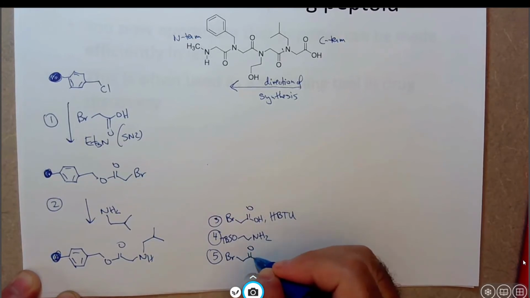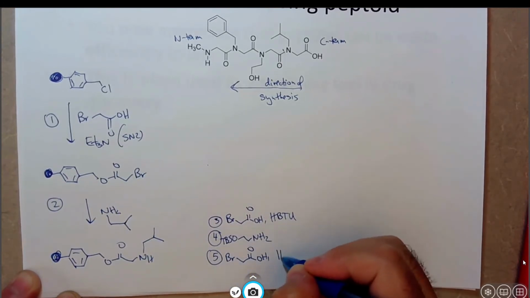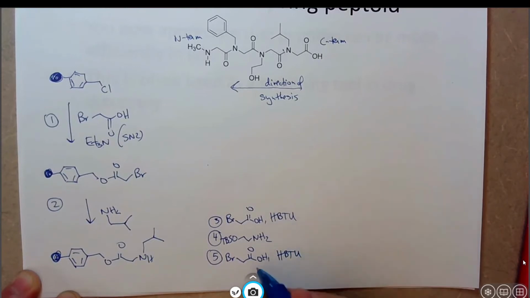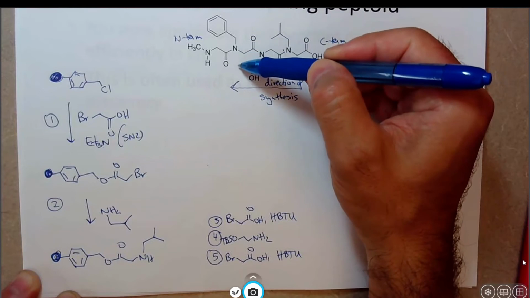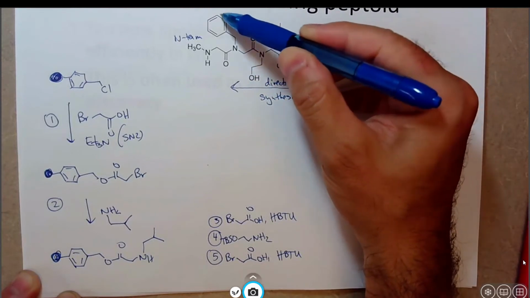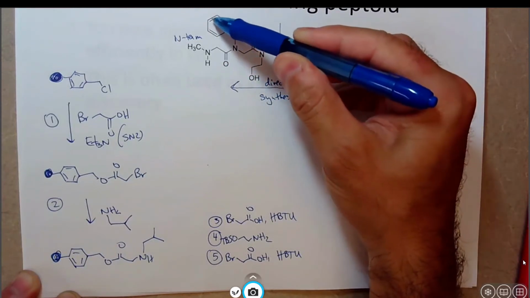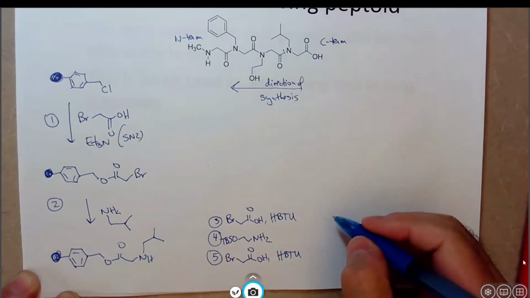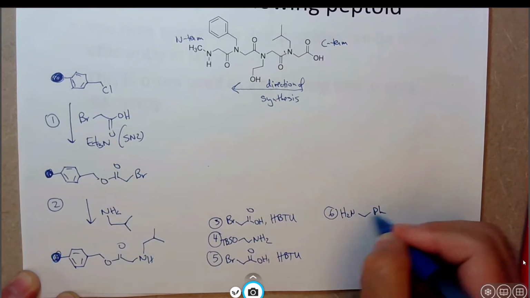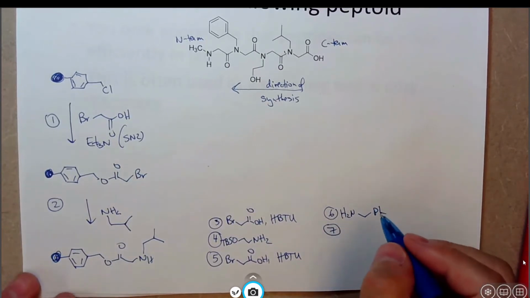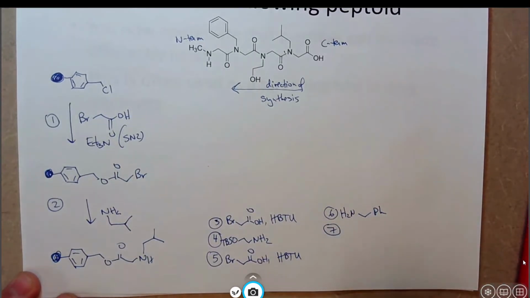The next group, therefore, is going to be another molecule of bromoacetic acid, right? So now we're constructing this portion up here. And then after that, you can see here that you have this phenylamine, right? So that'll be step 6. And just to reiterate, the real nice advantage of doing this in solid phase is that you do these SN2 reactions or coupling reactions, and then you just wash all the excess off, and the desired chemistry stays on the bead.